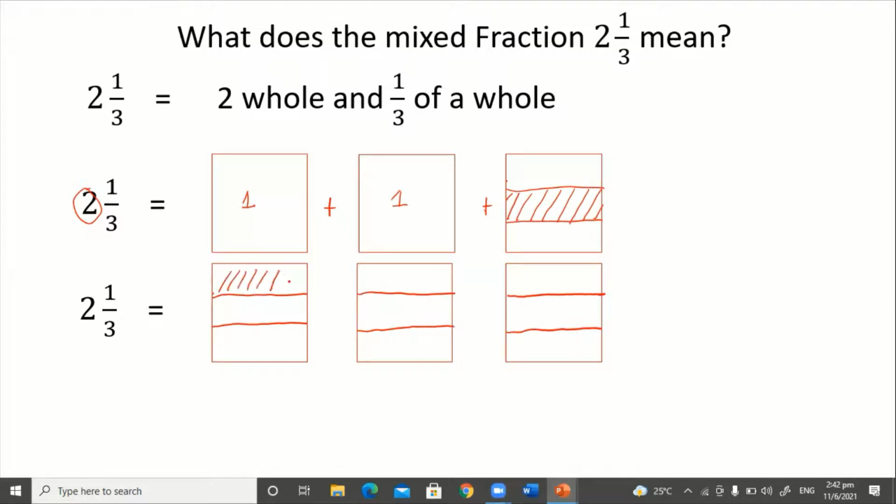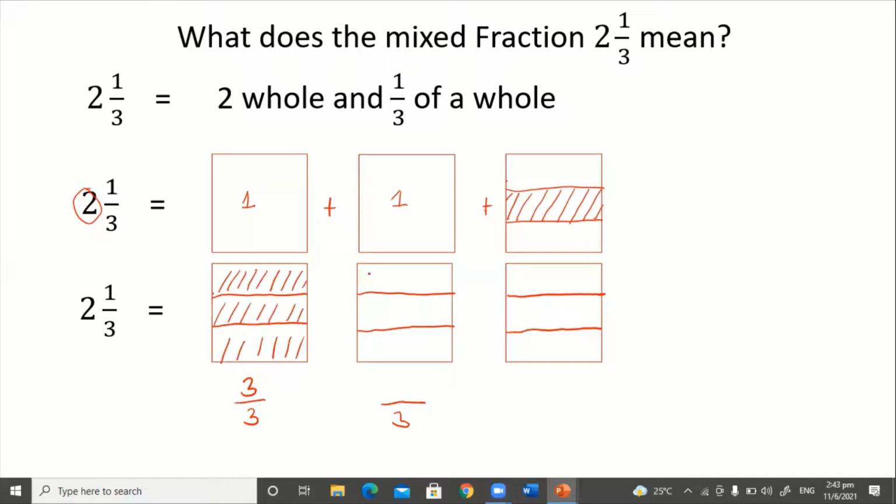So let's look at that graphically. So we can create a mental image of what one whole is in our brain, right? So you see, I shaded 3 parts, which will give me the numerator, out of a total of 3, which would be the denominator. So here, 1, 2, 3, that's going to be the denominator.